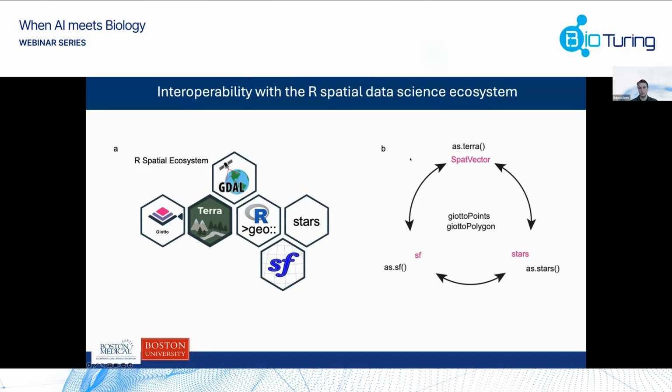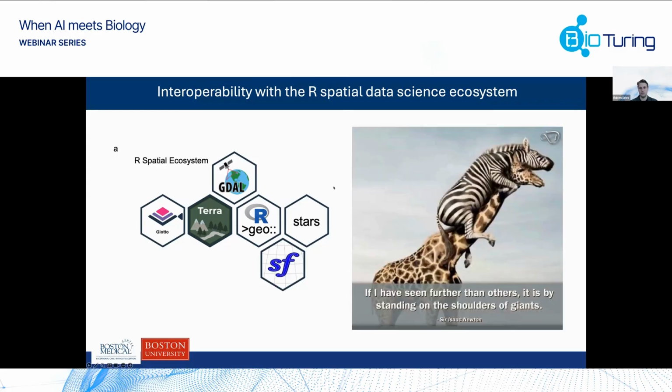And so we have built this out. I think, if I have seen further than others, it's by standing on the shoulders of giants, right? Where this giraffe is our spatial ecosystem, and we are the zebra trying to see how much we can use.